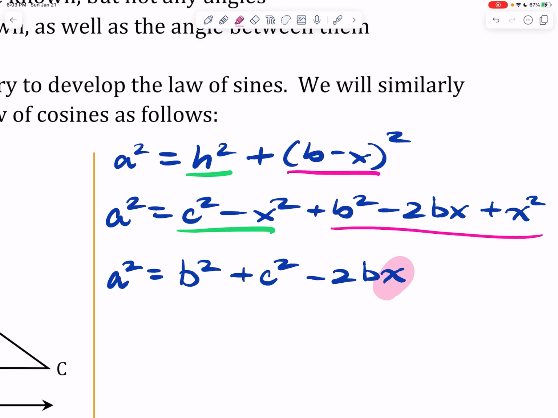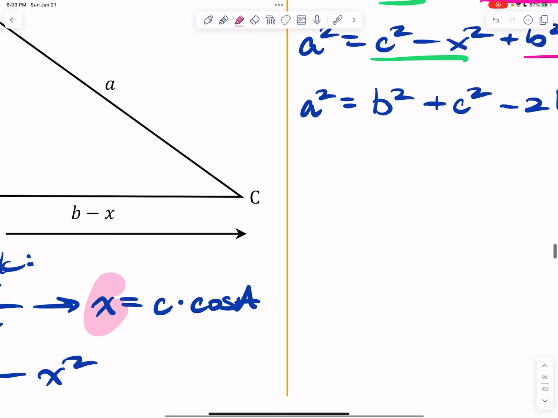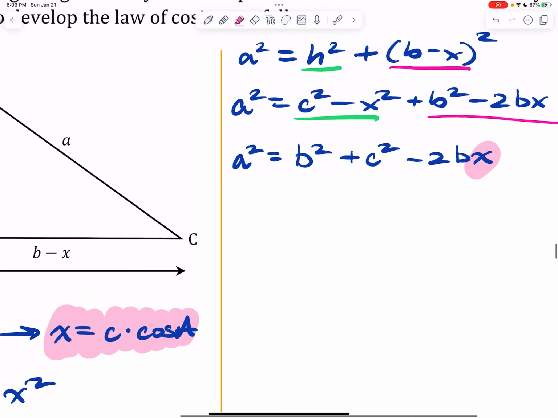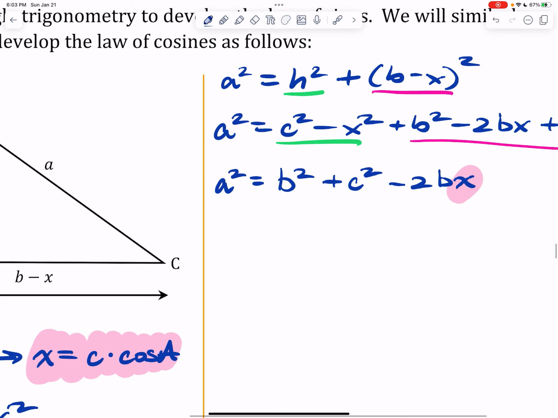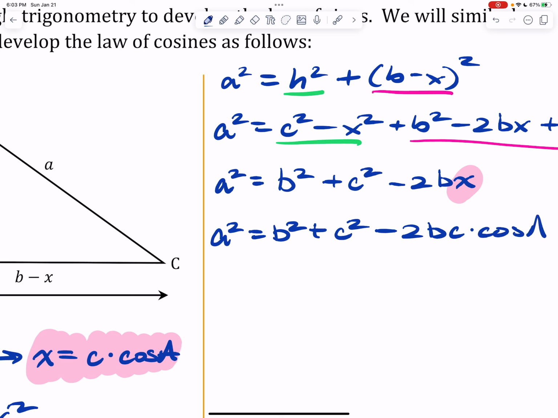There's an x in here, but we know that x is the same thing as c cos a. So that's what we fill in last. A squared is b squared plus c squared minus 2b times c cos a. Again, replacing x with c times cos a, because that's what we know it to be.